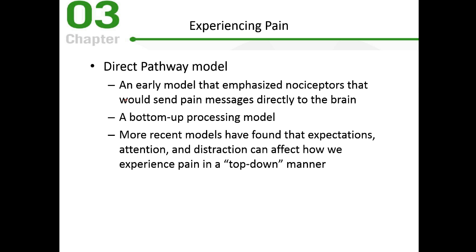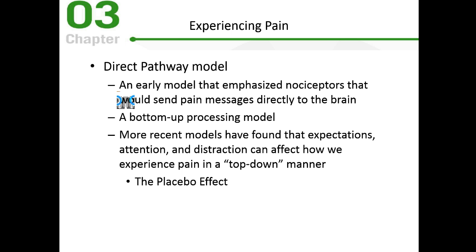This suggests that our perception of pain, our experience of pain, is actually top down. And if you think that that's not true, think about the placebo effect, right? The key to the placebo effect is believing that the substance will reduce pain or it will alleviate the symptoms. Why does that work? Because of top-down processing.